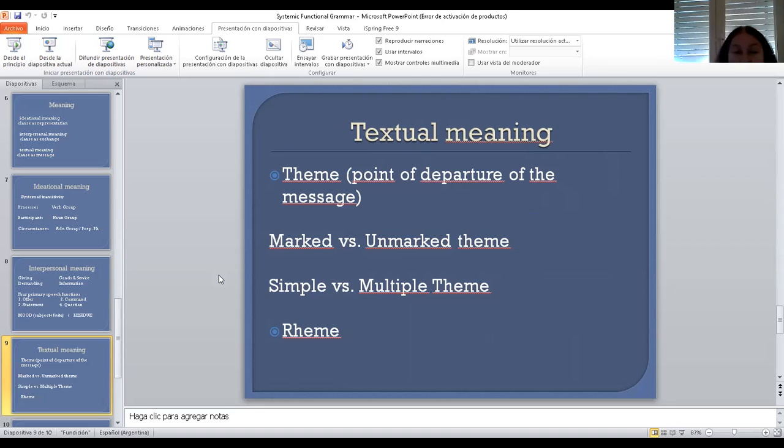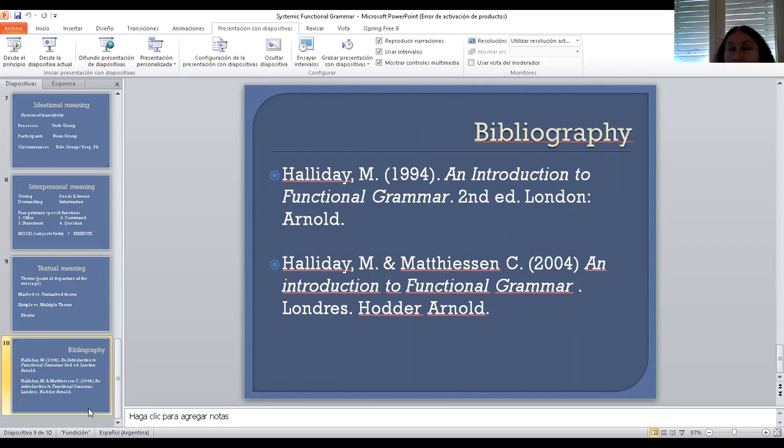We are going to focus, and we are going to briefly explore these categories of theme and rheme, particularly because there is a lot of literature, sometimes related to discourse analysis, which makes use of these categories of theme and rheme and thematic structure. So the idea now is I will start a new video where we will deal with the clause as message, and we will explore the categories of theme and rheme.